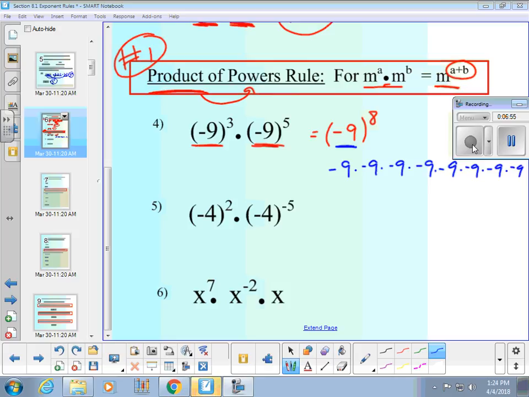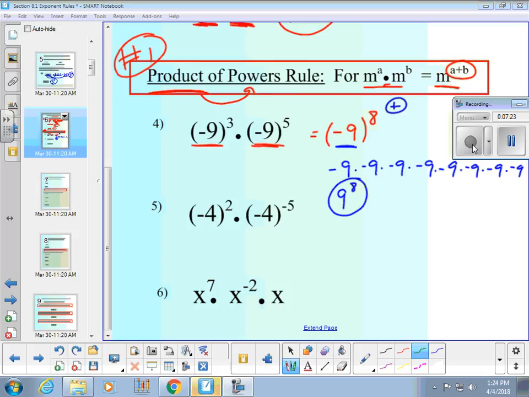You can kind of think about it. But if I'm multiplying 8 different negatives together, remember our rule from way back in chapter 2, since there's an even number of negatives here, I'm going to end up getting a positive answer. That's something when we're doing these power problems that you should kind of know. You should know what to expect for your answer. So negative 9 to the 8th power, I know actually is going to be a positive number. So you could also write just positive 9 to the 8th.